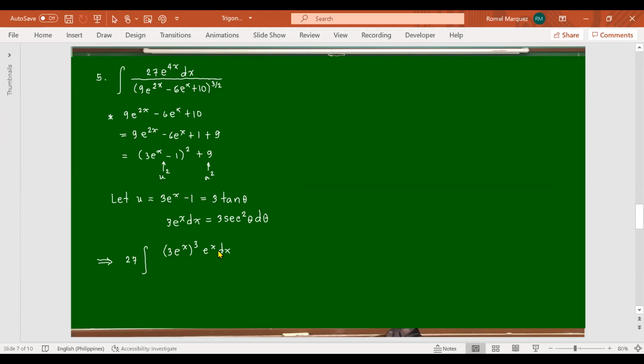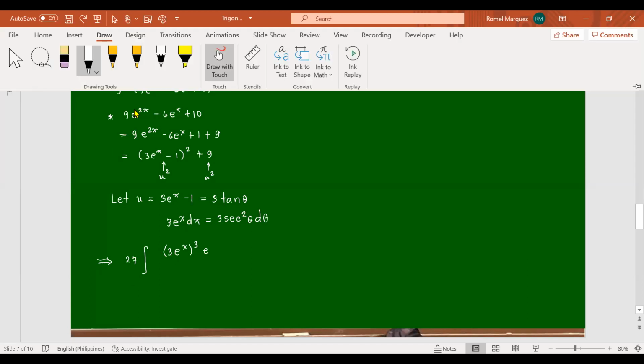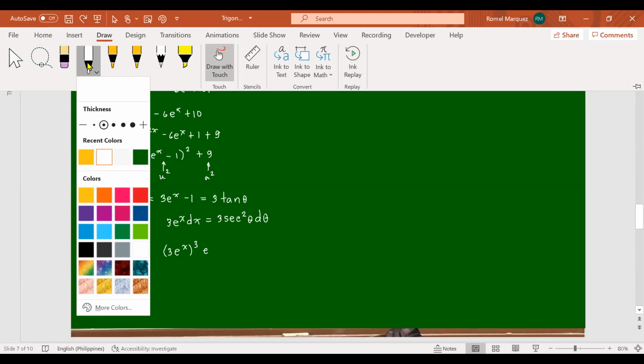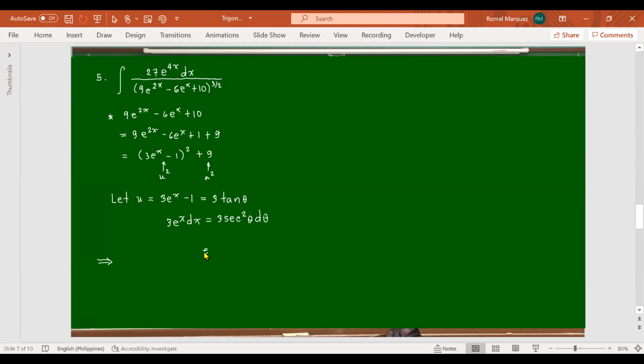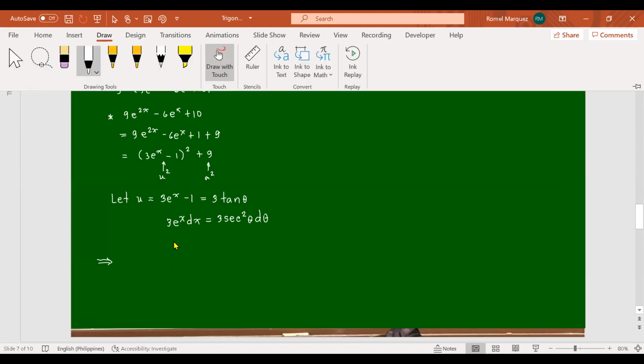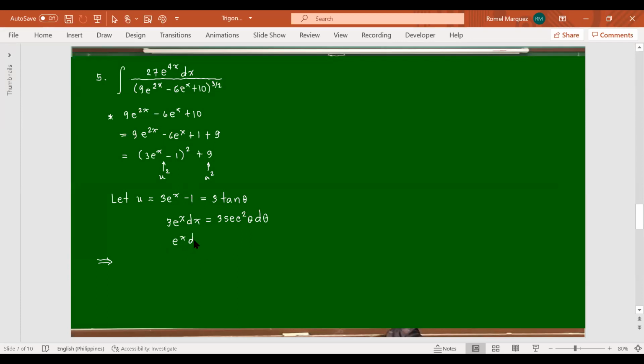Let me simplify first this e to the x dx. I think I need the 27 later as part of the base. So e to the x dx is equal to 3 secant squared theta d theta.